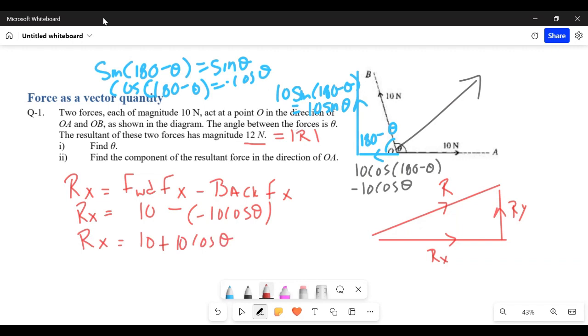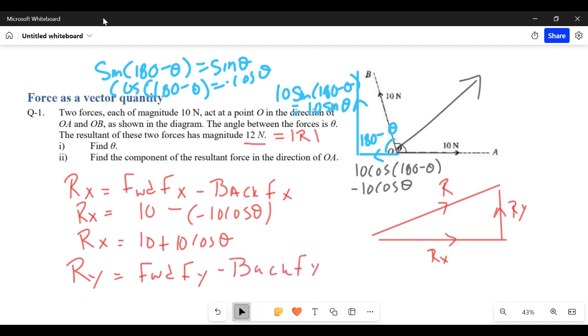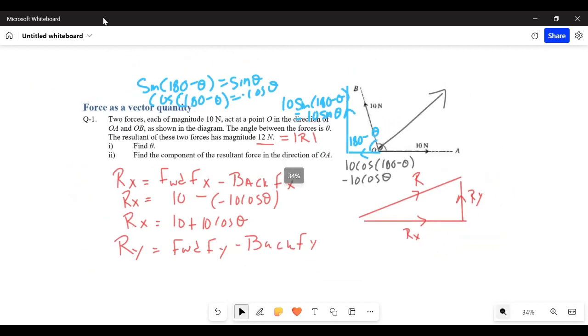Now for Ry, same formula: forward force in the Y direction minus backward force in the Y direction. The forward force in the Y direction is in this direction where Ry is.